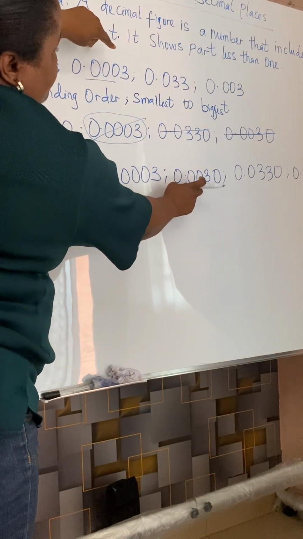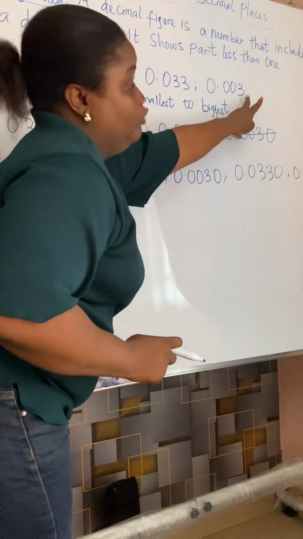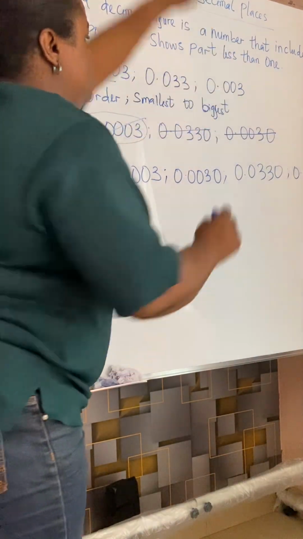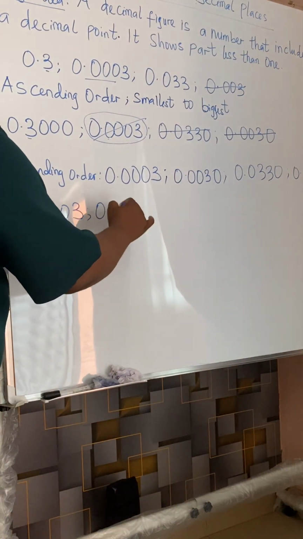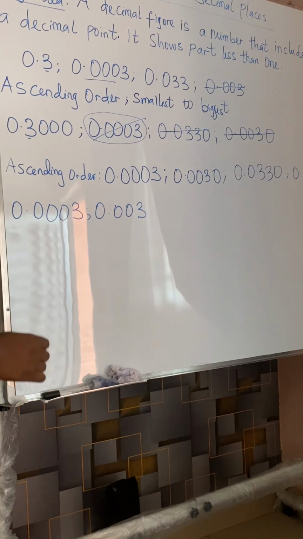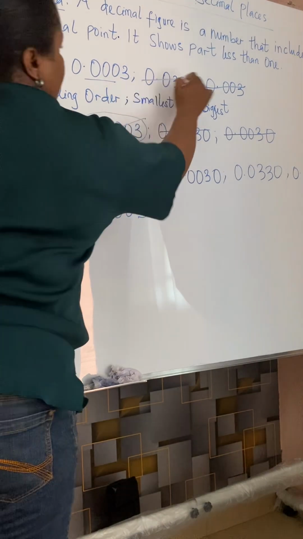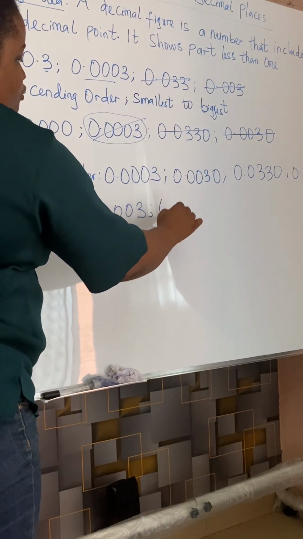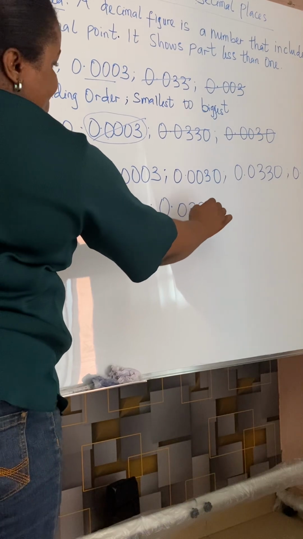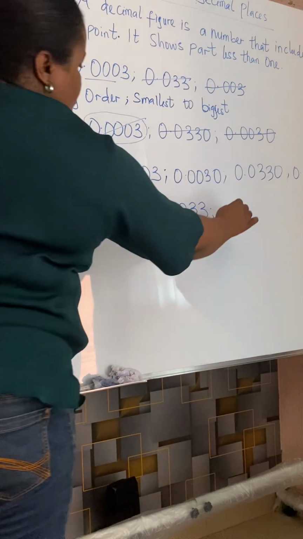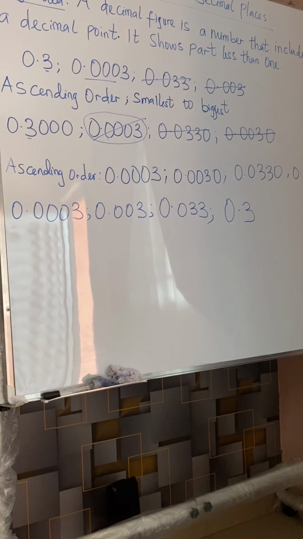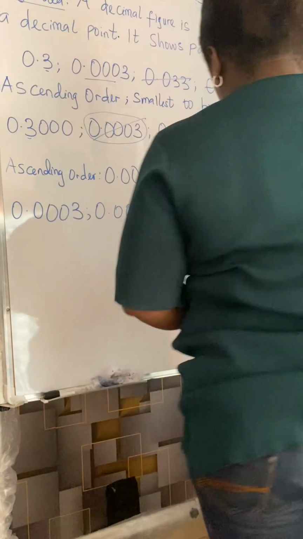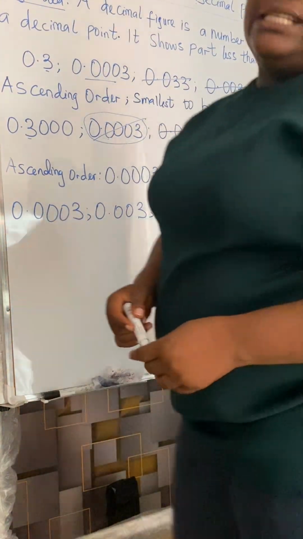Remember this one here, and I just added 1 0 to it here to give you 4 decimal places. So the next is this, which is 0.003. The next is this, which is 0.033 and 0.3. So 0.3 is the largest number there. It's the biggest. This is why this is the smallest. This one is the biggest number. So this is if we are ascending.